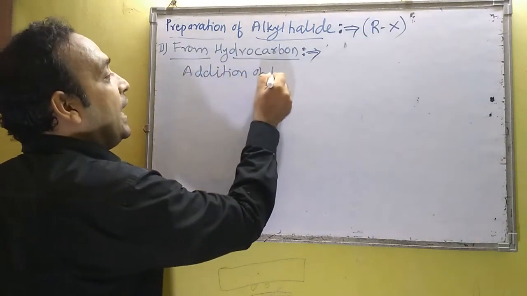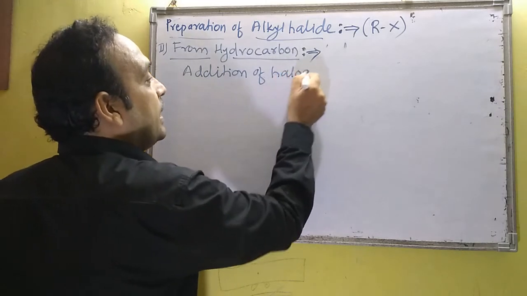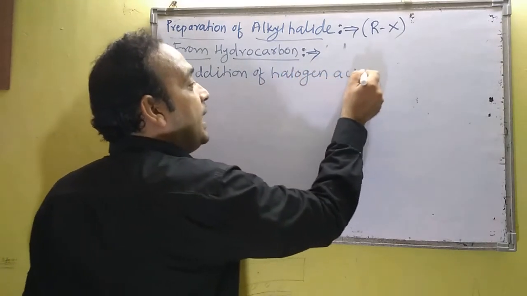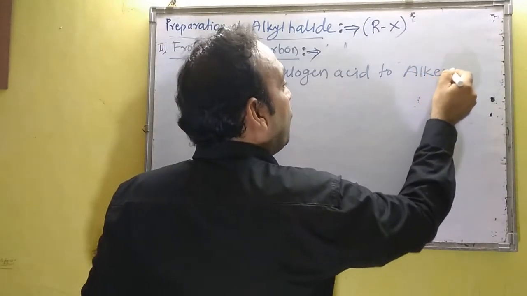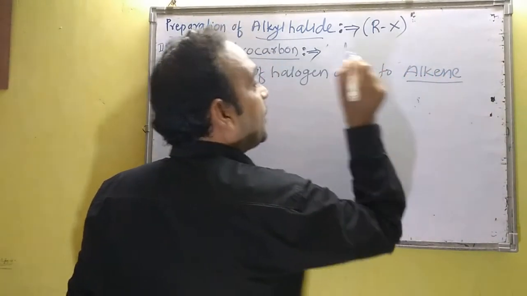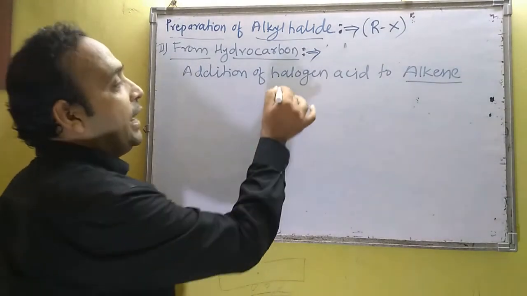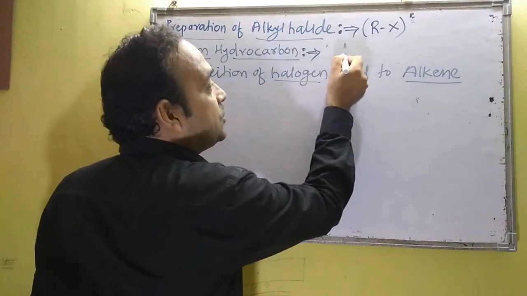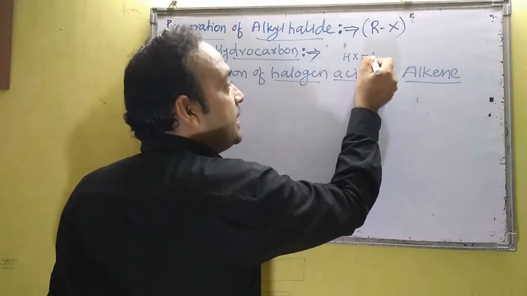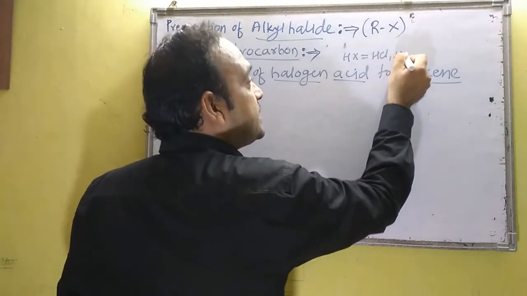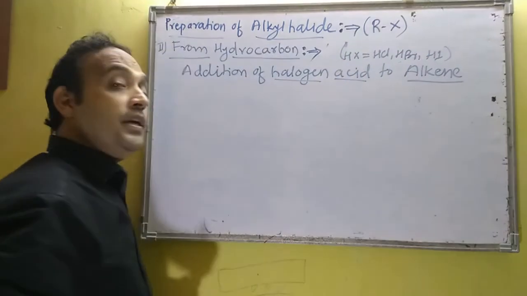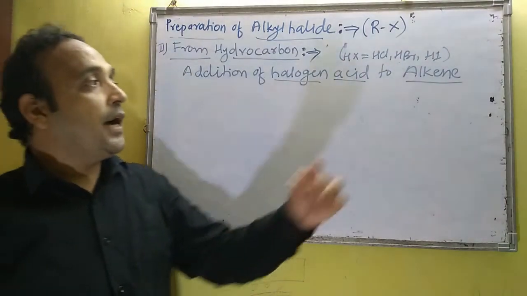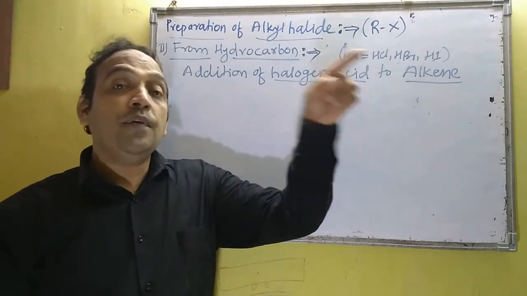Okay, now the method which we are going to use for preparation of alkyl halide is addition of halogen acid across carbon-carbon double bond. Halogen acid means HX, and that HX may be HCl, HBr or HI, hydrogen halides, added across the carbon-carbon double bond of alkene.